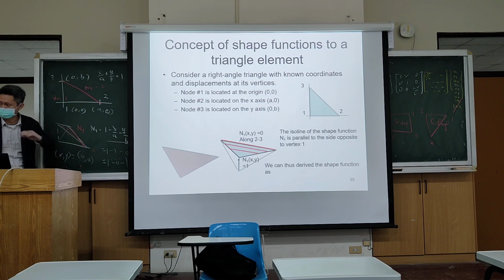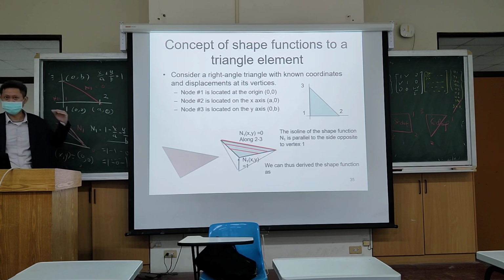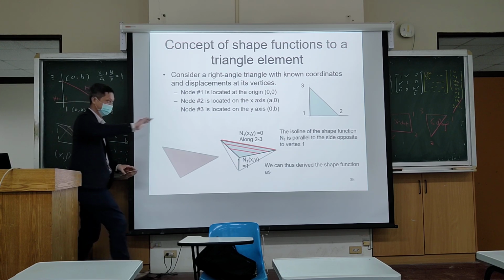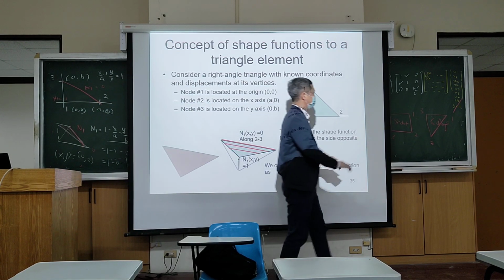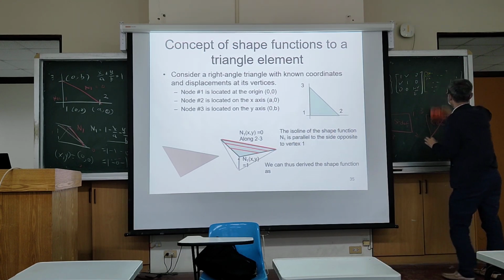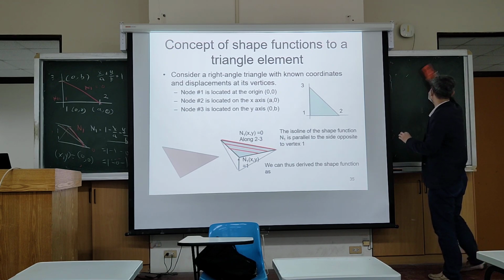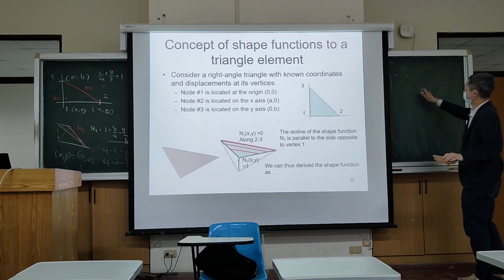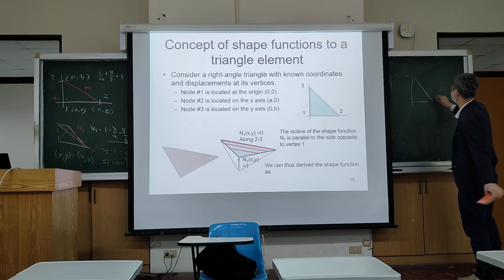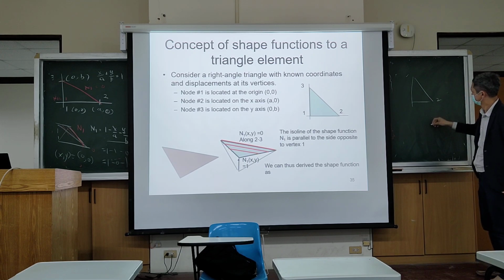No, it must be a function of x and y. Okay. So that you have the iso line, being linear with a linear gradient. Okay, after you have found the shape function for N1, would you be able to find out the shape function for N2?